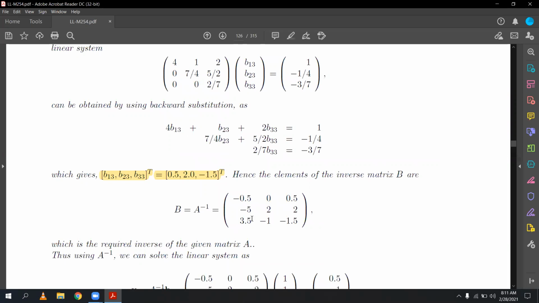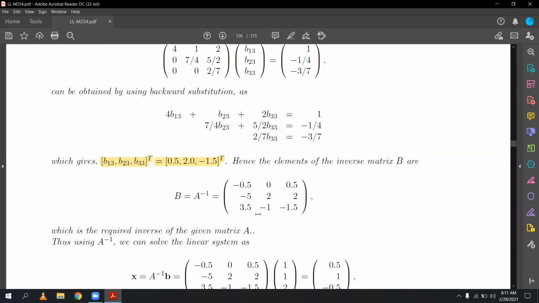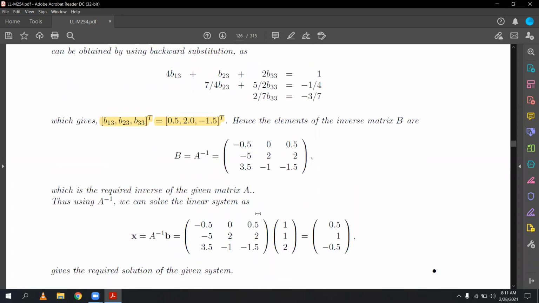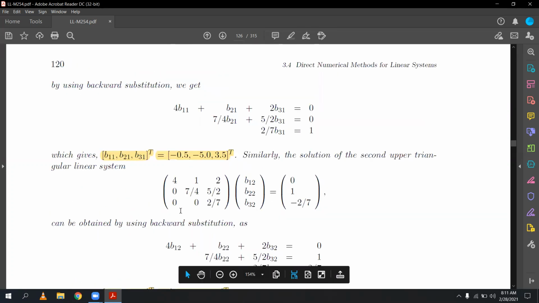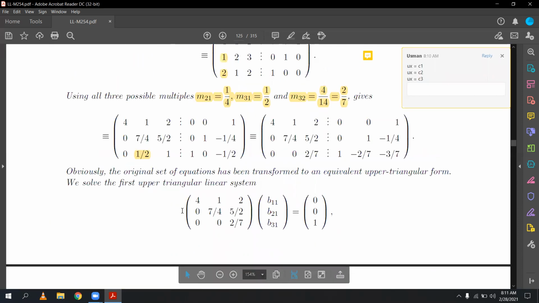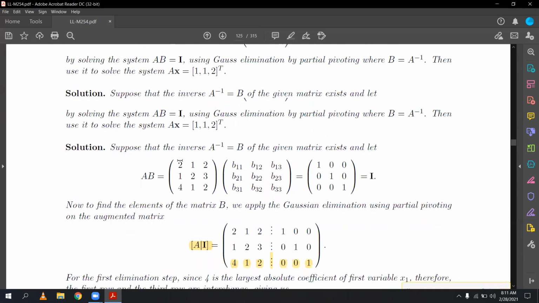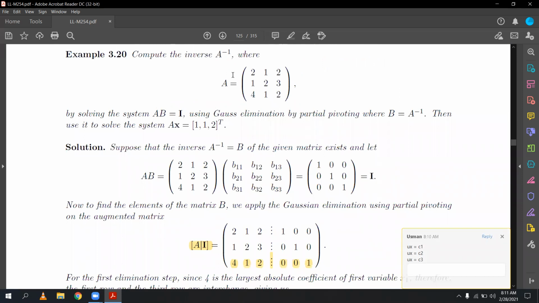This is called the A inverse of a matrix with the help of partial pivoting. And when you have the A inverse, you can easily find the solution of the linear system with the help of the given B, because in this question, he says, compute the inverse by using partial pivoting, right?